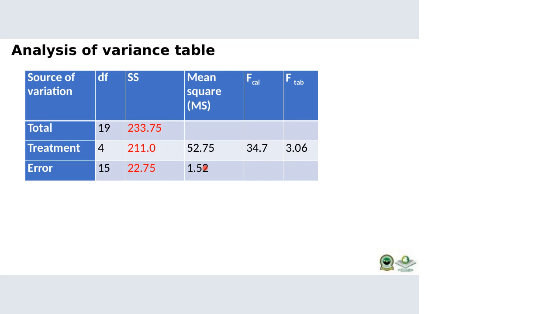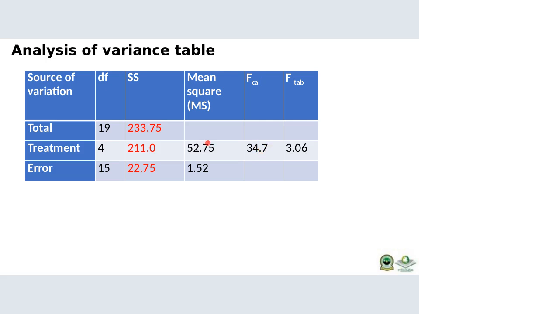1.52. To get our F calculated, we have to divide 52.7 over the error mean square. If we do that, we have our F calculated to be 34.7.